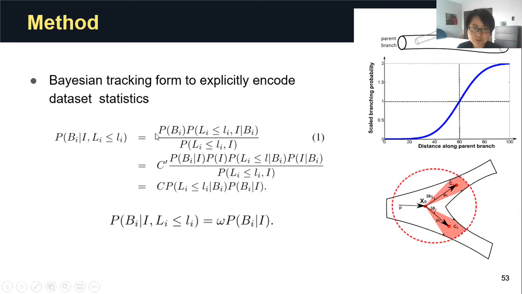By using Bayes rule, we convert the length of the branch into a weight which is measured by the cumulative distance.